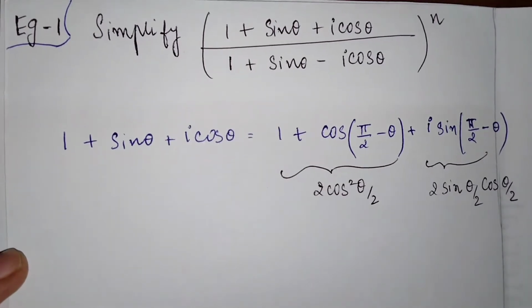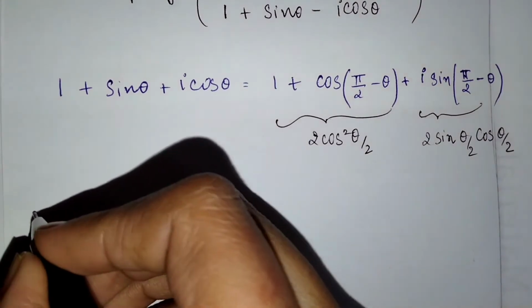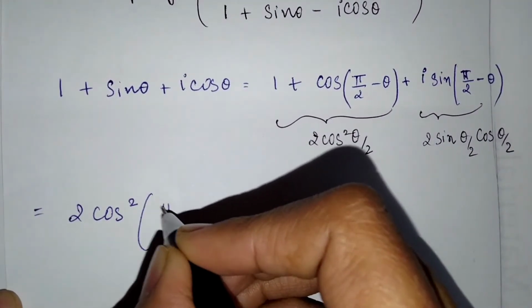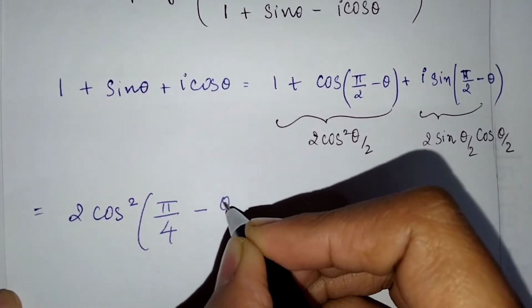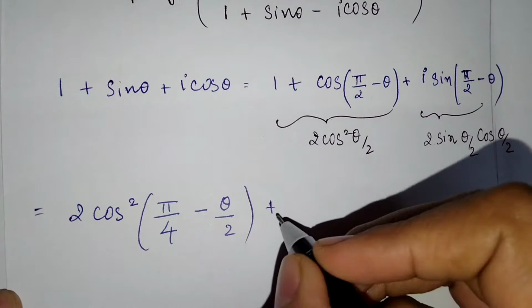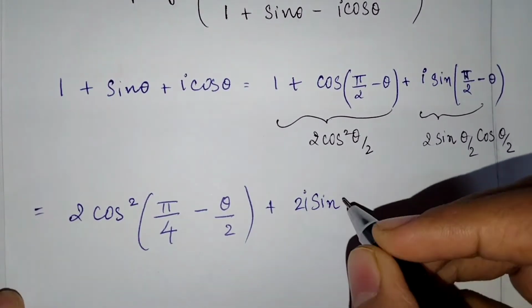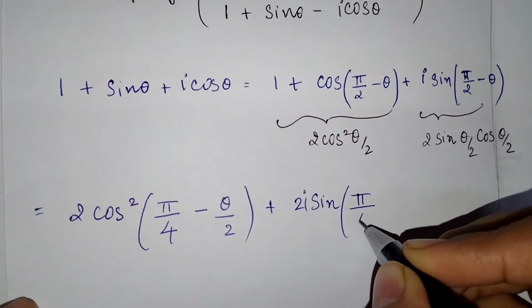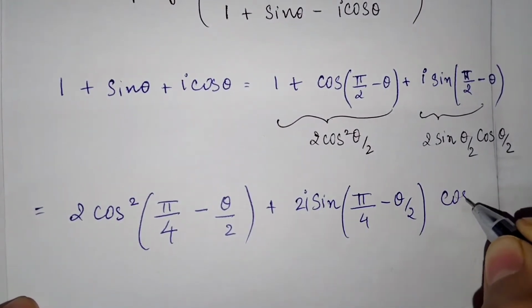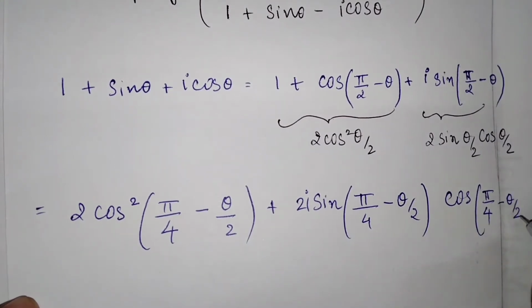So rewriting this equation, we write 2 cos square(pi/4 - theta/2) + i 2 sin(pi/4 - theta/2) cos(pi/4 - theta/2).